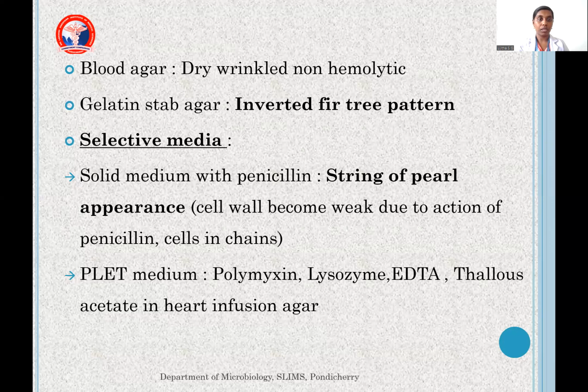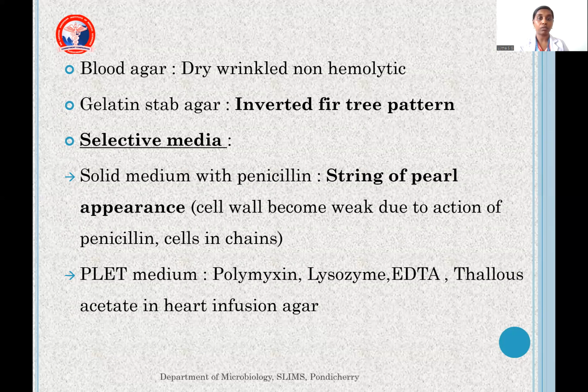Now, coming to the appearance on blood agar. On blood agar, the colony will be dry, wrinkled, and non-hemolytic. You should remember that on blood agar, Bacillus anthracis will appear as non-hemolytic, while other species of Bacillus will appear as hemolytic.